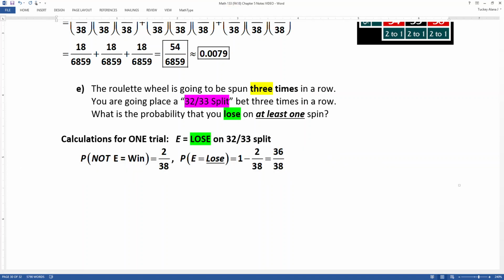But for this part, I want the probability of at least 1. So for that, I can follow my rule. The probability of at least 1 is going to be 1 minus the probability of not losing on a 32-33 to the third power. So let me type it up.